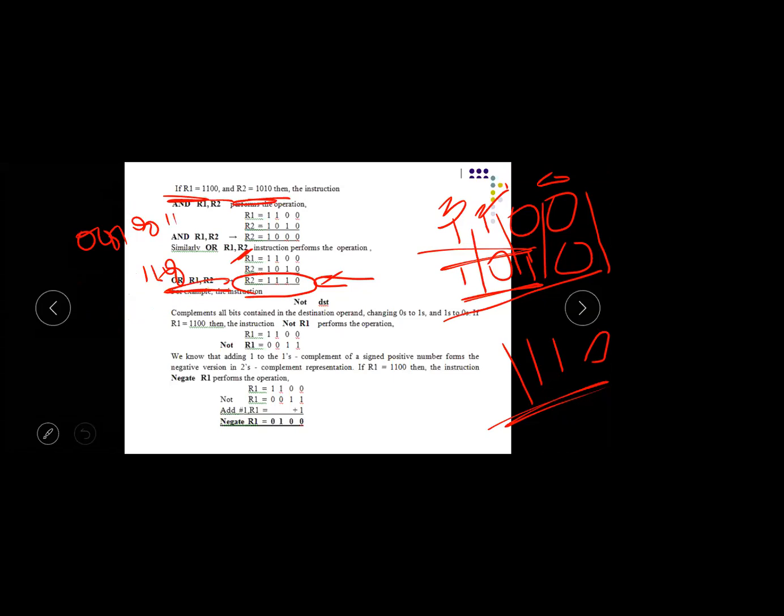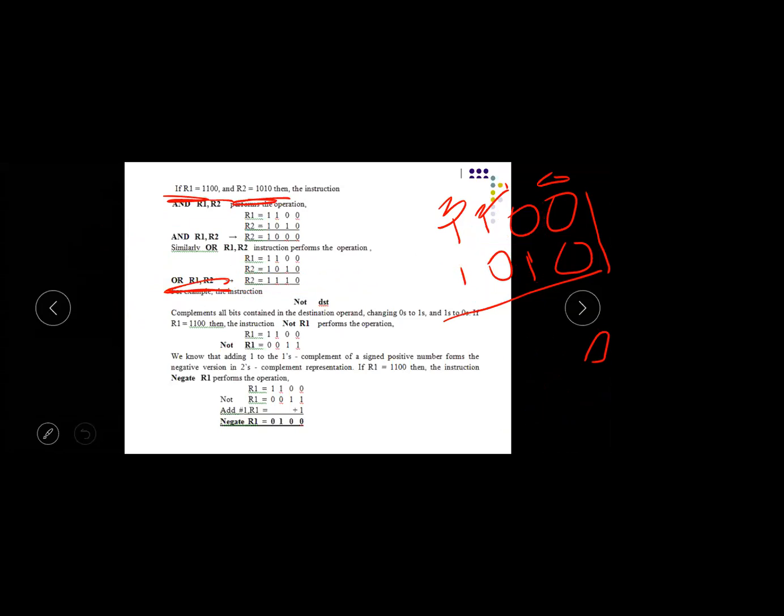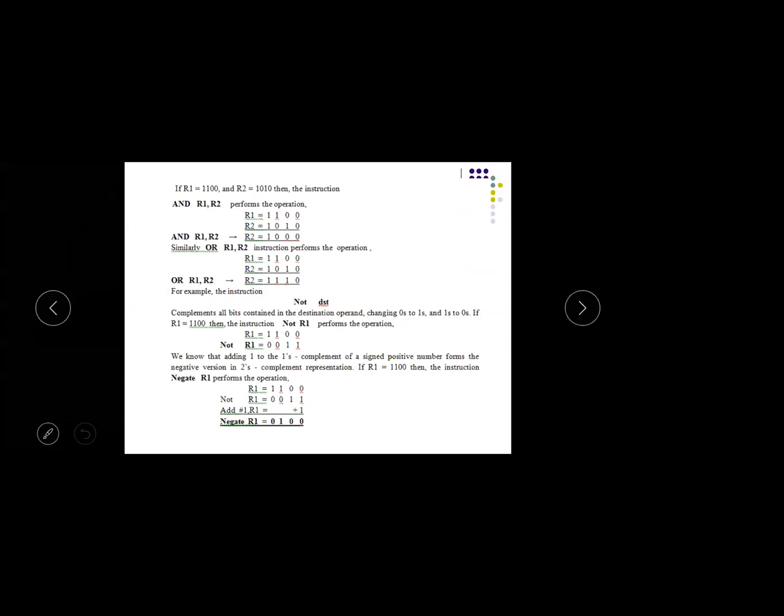Similarly, the NOT operation. NOT is nothing but complement. It is also called complement. Complement all the bits contained in the operand.